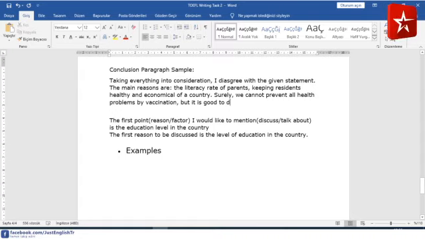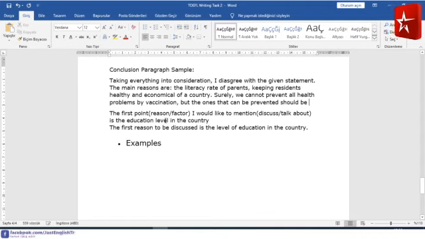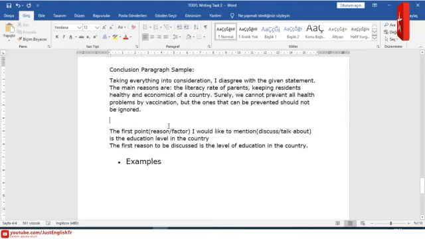Surely we cannot prevent all health problems by vaccination, but the ones that can be prevented should not be ignored. I don't like my conclusion paragraph very much, but as I said, I did not have a lot of time. That's why I wrote something like this.